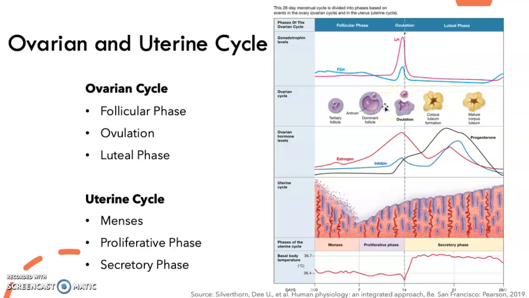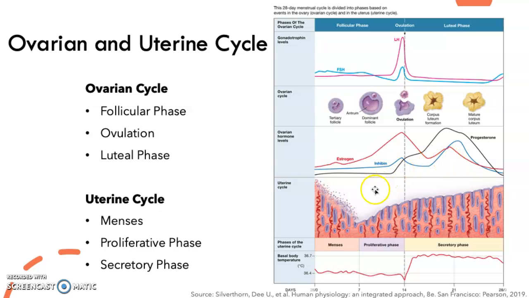And then we have the luteal phase, and during this phase, the follicle becomes the corpus luteum and secretes some hormones, and then dies by apoptosis. It kind of looks like a little popcorn right here.